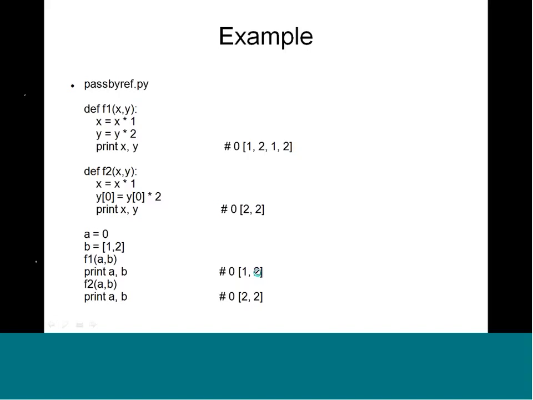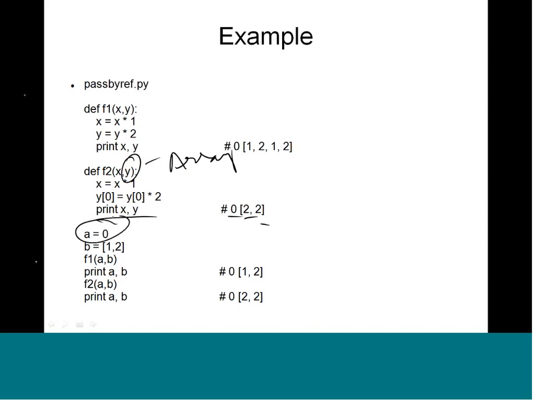Now we take the next function f2, where we declare x equal to x times 1 and y0 is y0 times 2. So this is presumably an array function. Now when we ask it to print out, basically it prints out 0 and then 2 2.